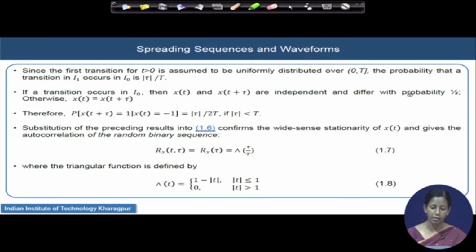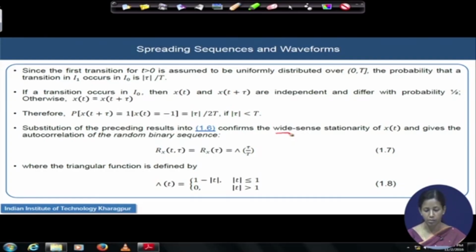I will be ending up with the equation of a triangular function. So, we understand that the substitution confirms that we are dealing with a wide-sense stationary process x t, and the autocorrelation for this wide-sense stationary process x t will boil down to a triangular function.